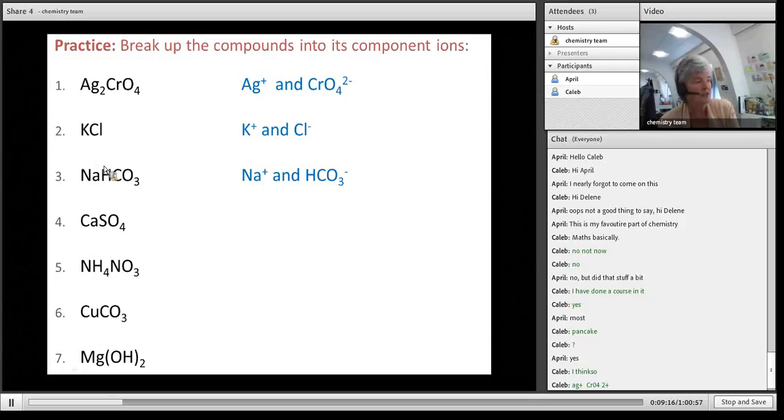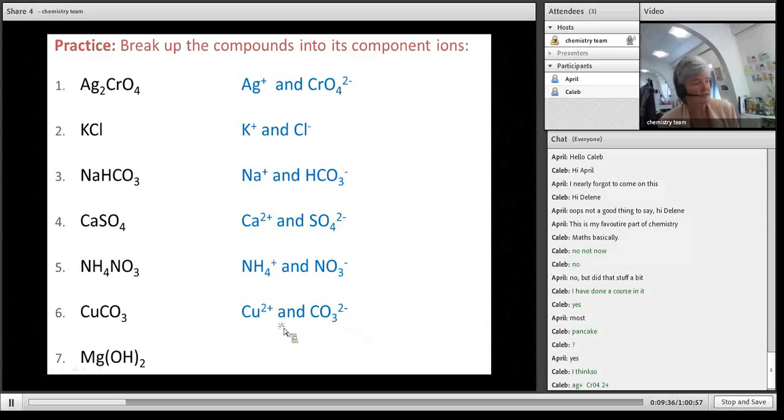The trick is to recognize that that's hydrogen carbonate, so you don't have Na and H and CO3. The calcium and sulfate ions, the ammonium and nitrate ions. The ammonium is the only non-metal cation, otherwise the cations are always metals. Then copper and carbonate ions, and magnesium and hydroxide ions. You do need to get the formulae correct.